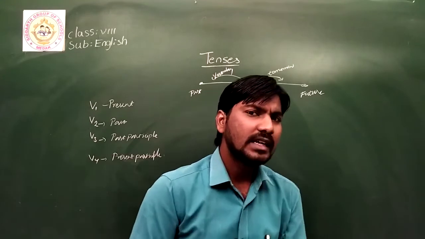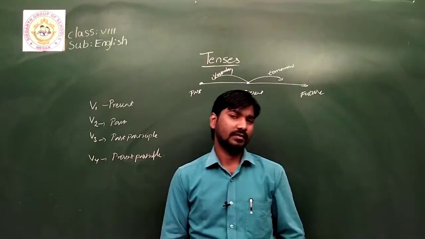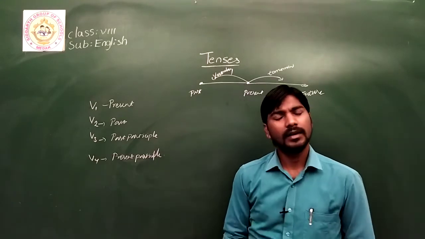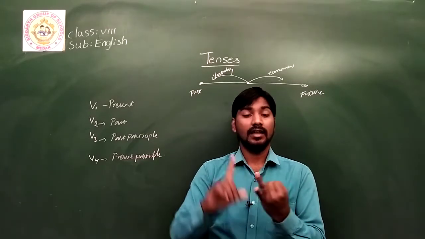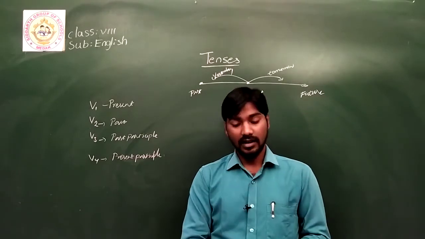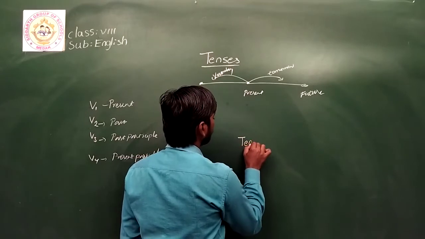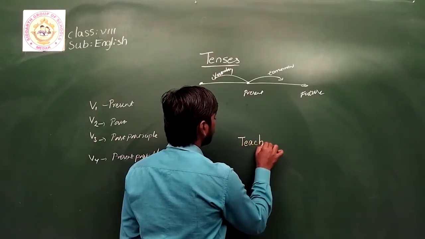How many genders are there in the English language? Do you remember? Masculine gender, feminine gender. Okay, let me ask you a question here. I will write a word. You have to say which gender it is.